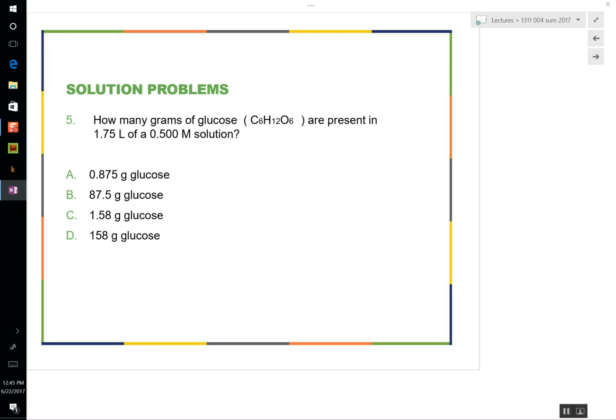Okay, this is essentially the same exact question, just worded a little bit differently. The other one is you're going to make that solution. Here you got the solution. You just kind of want to know what's the mass of glucose that's in here? Same thing, molarity times volume in liters is going to get you moles of glucose. And then you'd have to multiply that by the molar mass of glucose, and you get grams of glucose.